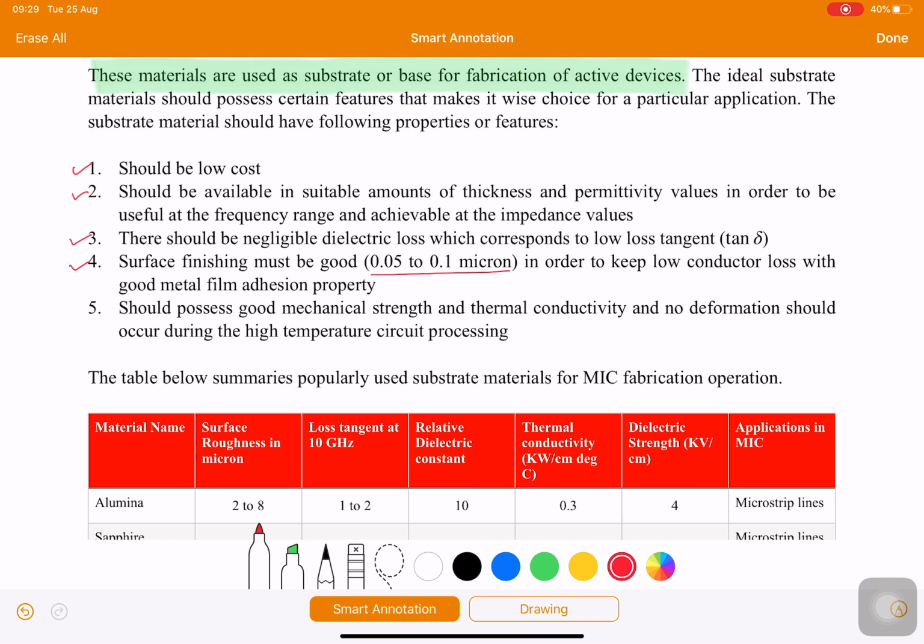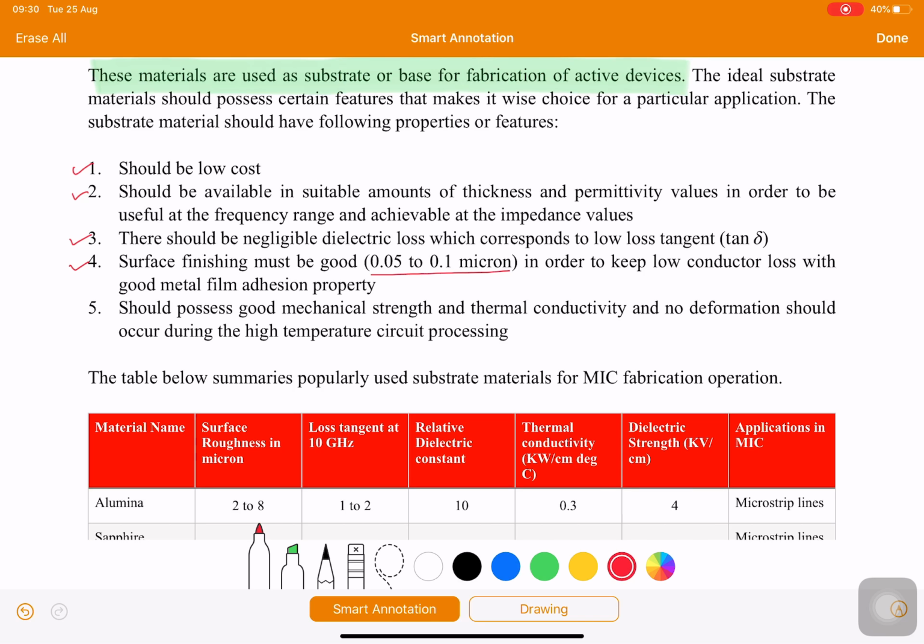If we are able to maintain the surface roughness of the substrate material at this particular order, then it will guarantee a low value of conductor loss, and it will also ensure good adhesion with the metal film.